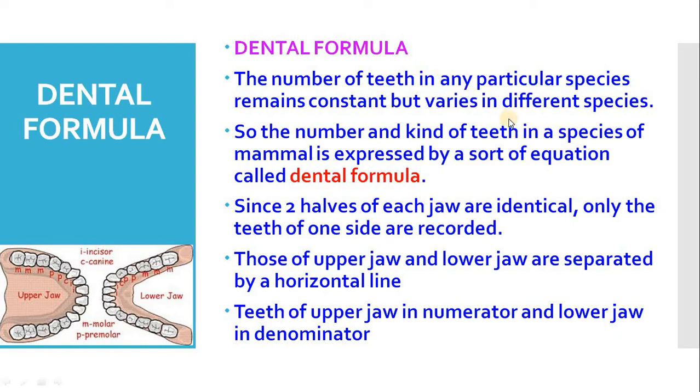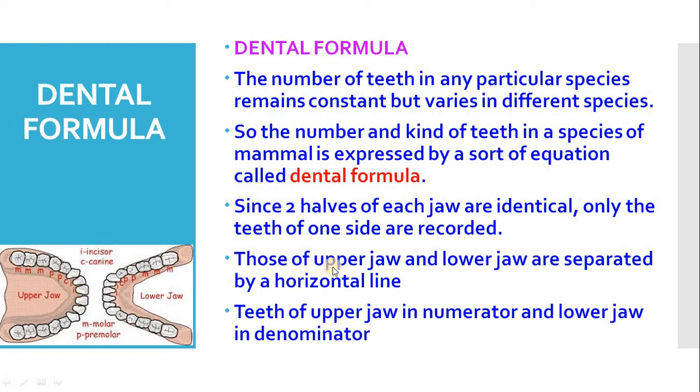The number and kind of teeth in a species of mammal is expressed by a sort of equation. It's not actually an equation, just a set of numbers. Since the two halves of each jaw are identical, see here, this half is similar to this half, only the teeth of one side are represented in the dental formula.